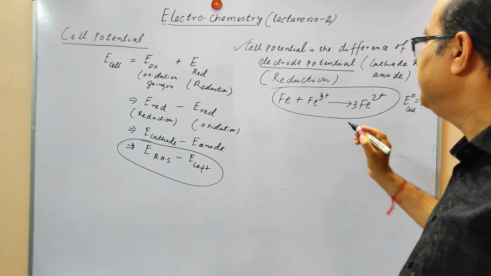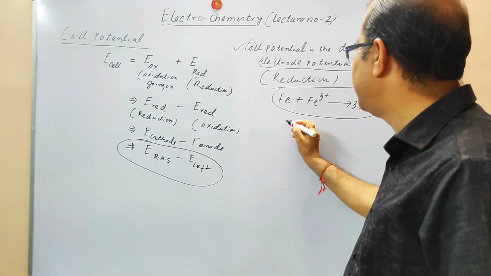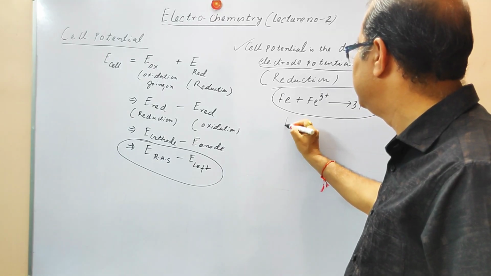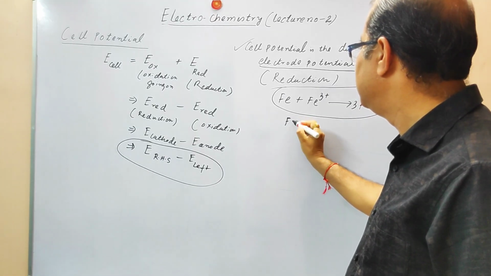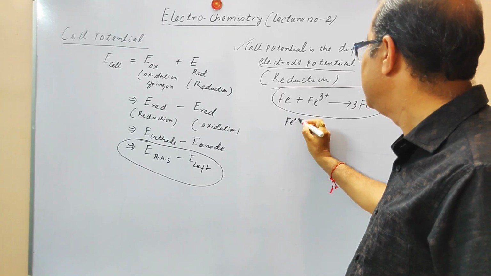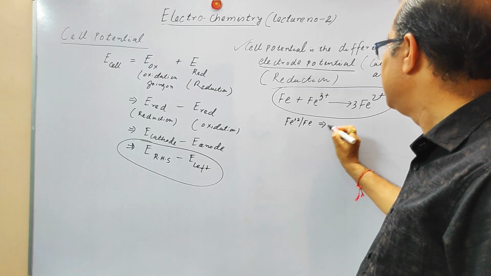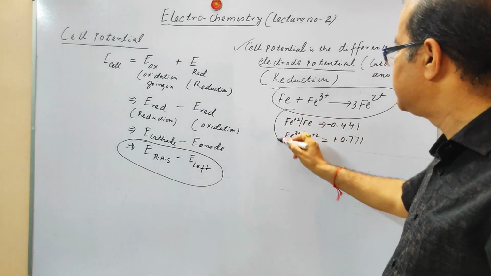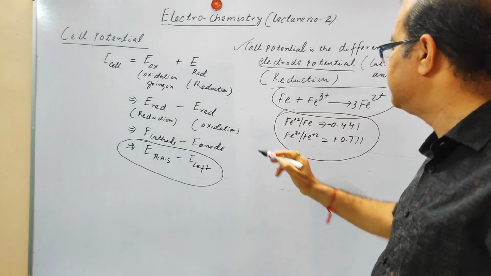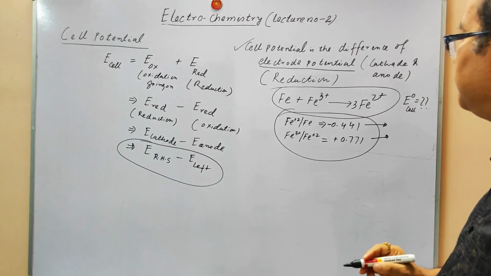And you have been given the two electrode potentials. Given this data, calculate the cell potential.